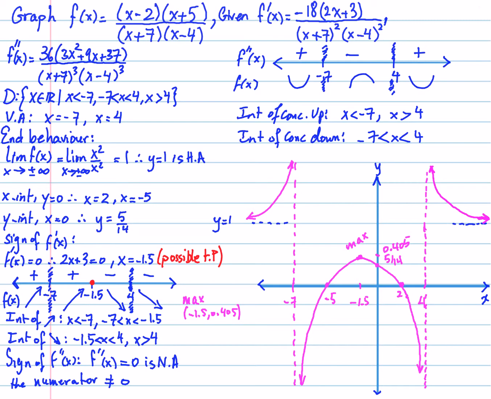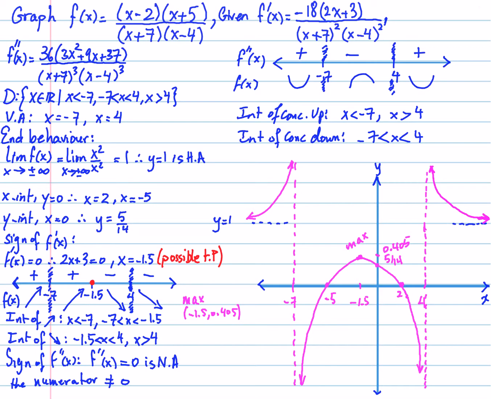To do that, we look at f prime of x and see that x plus 7 is squared and x minus 4 is squared, and that means that the denominator is always positive unless x equals negative 7 or 4, which is restricted by the domain. So we are certain that the denominator is always positive. So who controls the sign of f prime of x is the numerator.